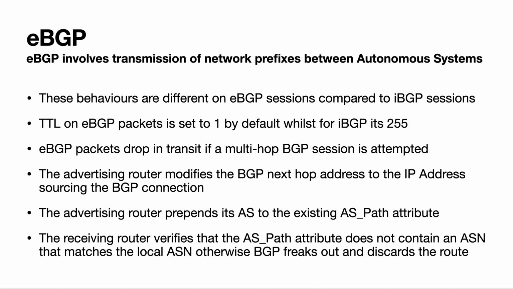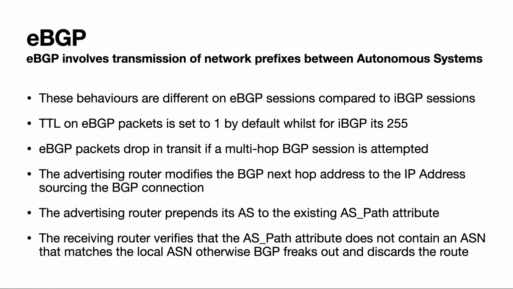So eBGP packets drop in transit if a multi-hop BGP session is attempted. The advertising router modifies the BGP next hop address to the IP address sourcing the BGP connection, and prepends its AS to the existing AS path attribute.